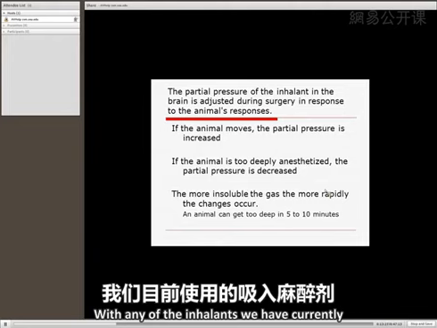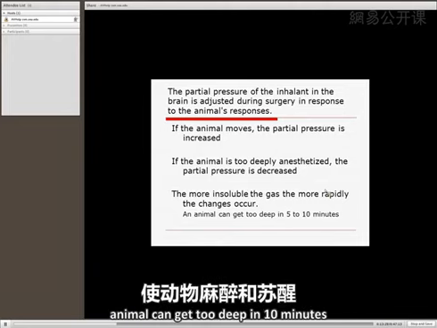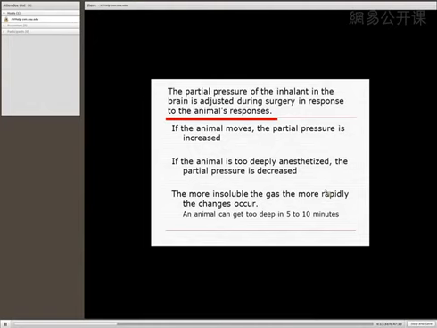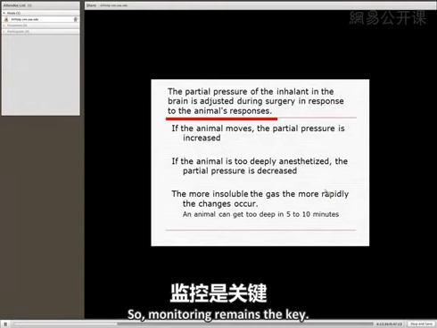With any of the inhalants we have currently, an animal can get too deep in 10 minutes, or too light in 10 minutes. So monitoring remains the key.